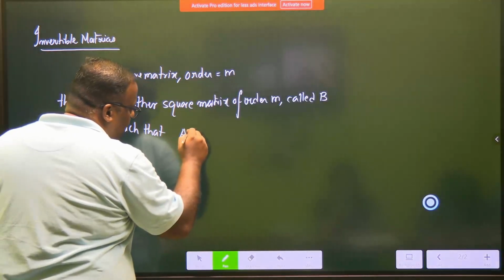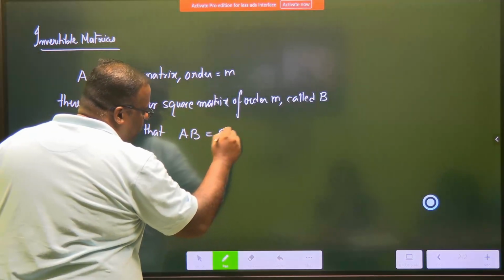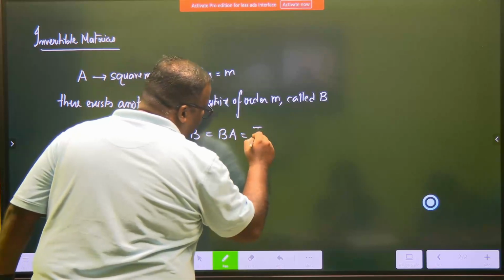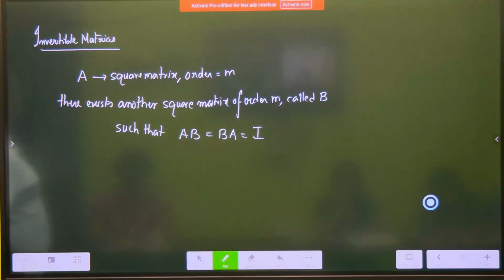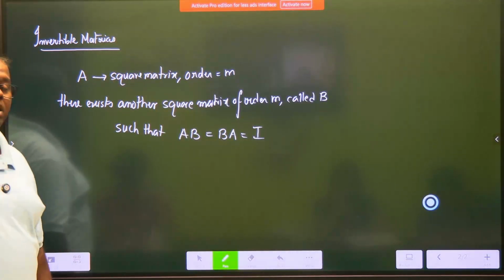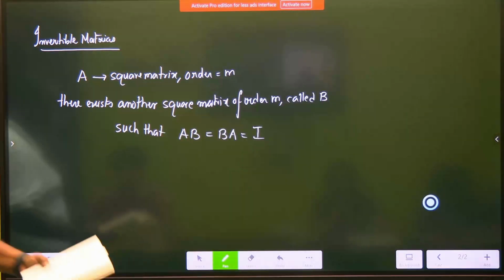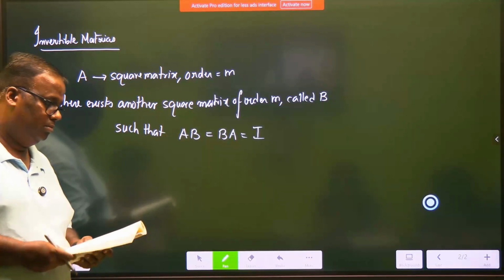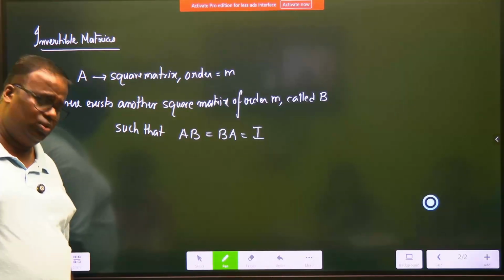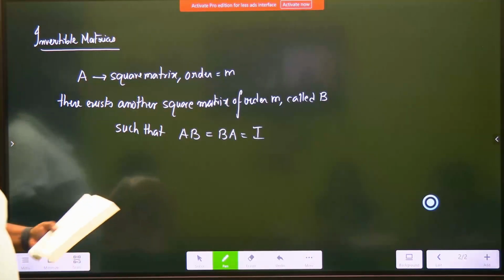Such that whether you multiply A with B or you multiply B with A, you will get an identity matrix. And what is an identity matrix? It will be the same square matrix of the same order with the diagonal elements as 1. Understood?